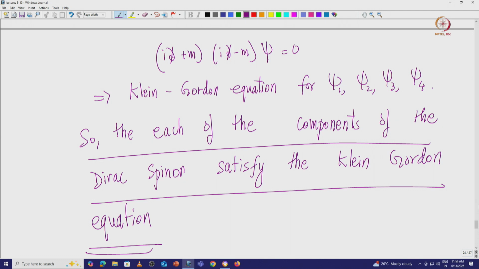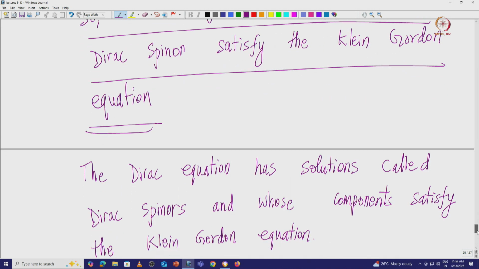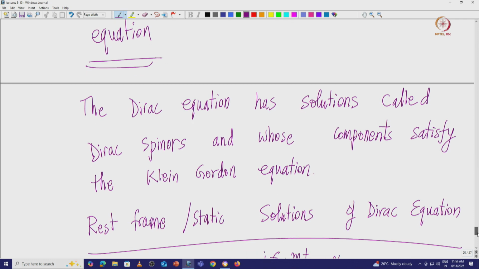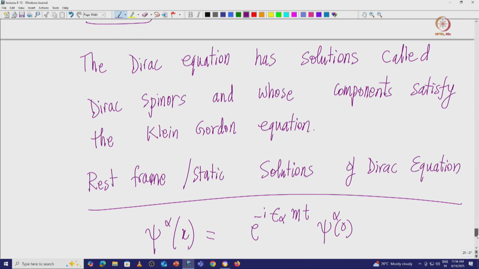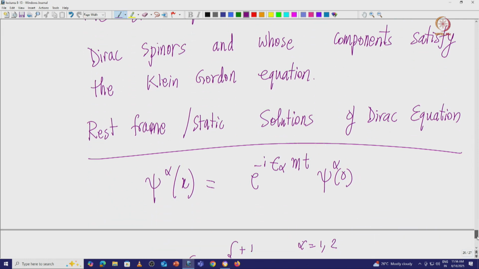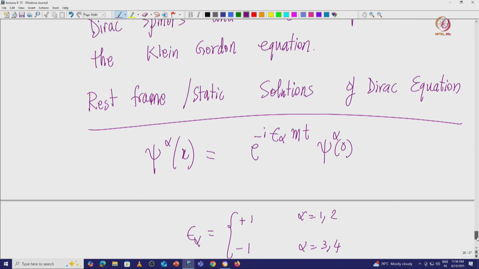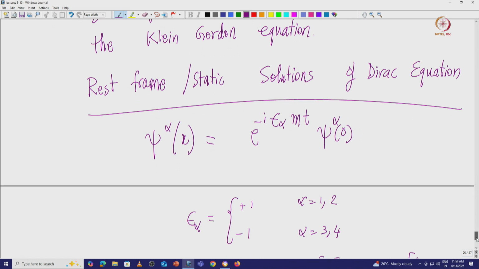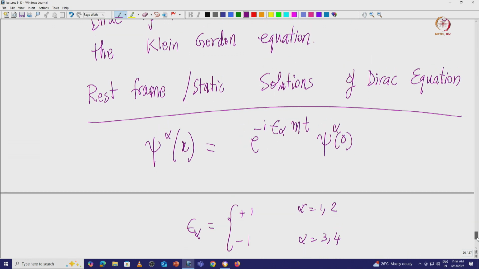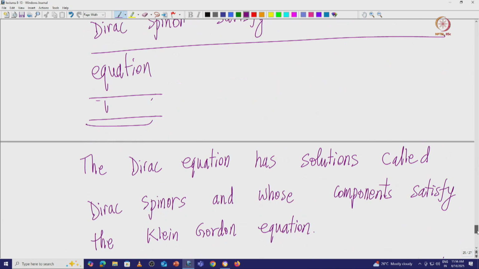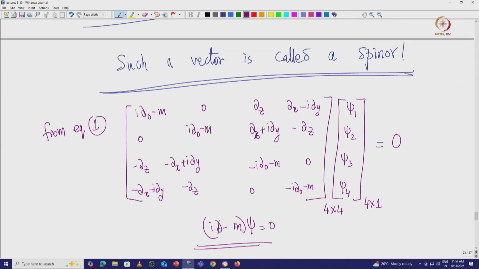Because of that construction of the conditions on the alpha and beta matrices, the inherent property of relativity that it will always predict negative energy solutions is not lost in the Dirac equation, as you have seen in the full 4 by 4 form.